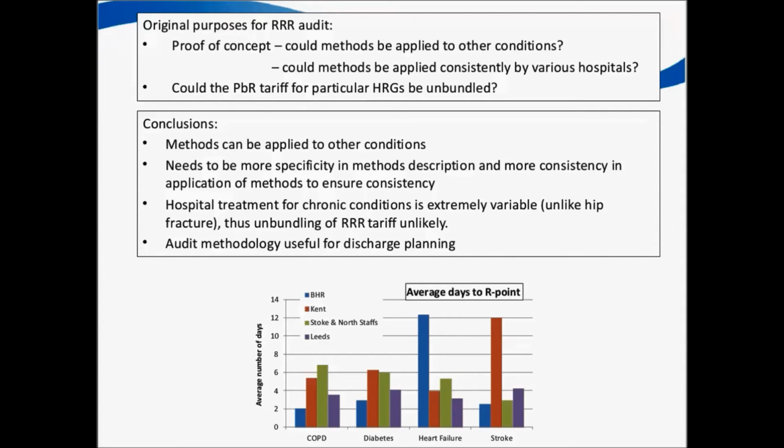And so actually unbundling the RRR phase from the acute tariff is unlikely for chronic conditions, or difficult. However, they found that the audit methodology was very useful in terms of understanding their discharge planning process and looking at ways of improving that.